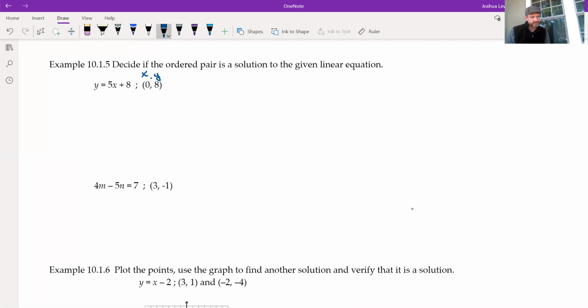So when I look at this, what I'm really asking is this. Is y actually equal to 5x plus 8 when x is 0 and y is 8? Well, let's see. My y is 8, so I'm replacing y with 8. And I'm asking myself, is this actually true?